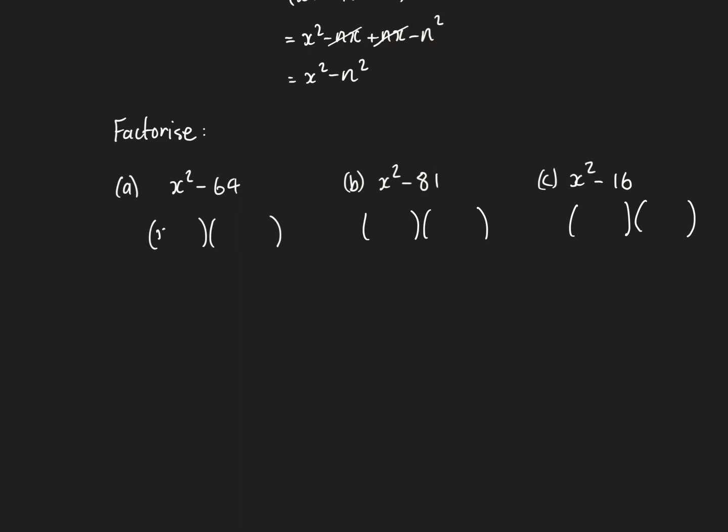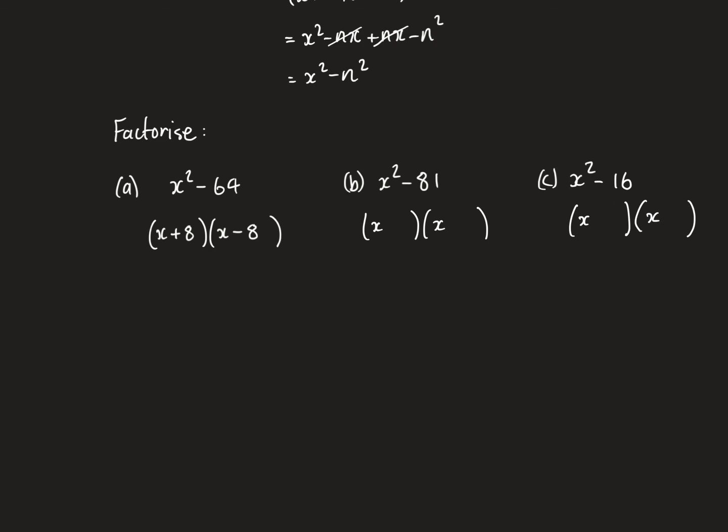So all of them had an x in the front. And remember, all of them had a plus and a minus. What is 64 a square of? What can you square to get 64? And the answer happens to be 8 squared is 64. So this is the factorized form.